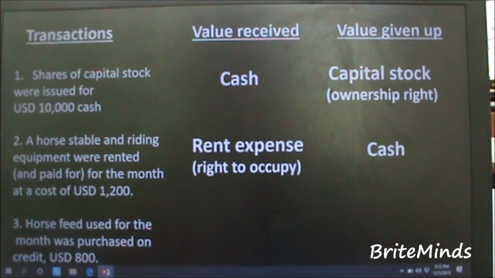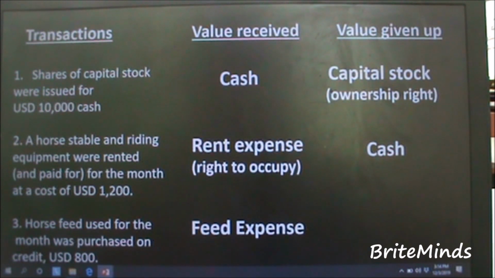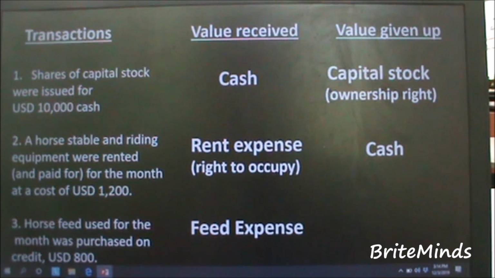Then the third transaction states that horse feed used for the month was purchased on credit for 800 US dollars. So what will be the value received? The value received is the feed expense for the horse.